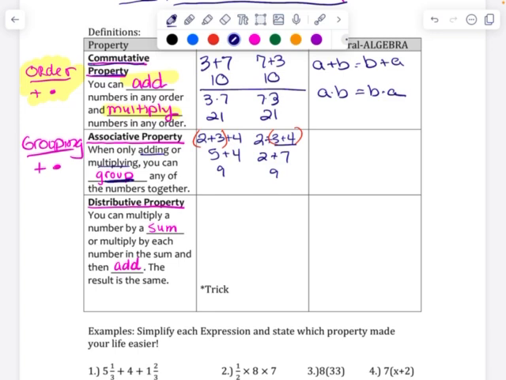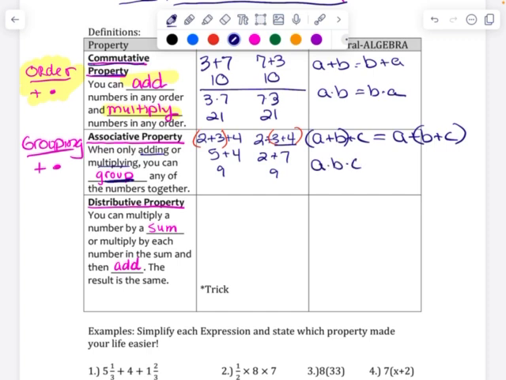So this works also for multiplication. All right, so only when adding and multiplying, you can group numbers. Sometimes we do that to get friendly numbers, which we can then exercise that mental math skill. So we can look at it as A plus B plus C. And again, we can group A plus B plus C is also equal to A plus B plus C, where we group B plus C. And same thing with multiplication.